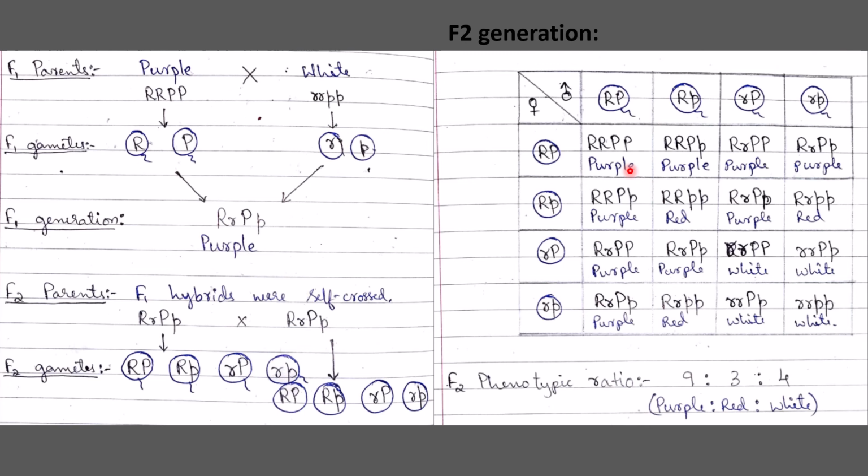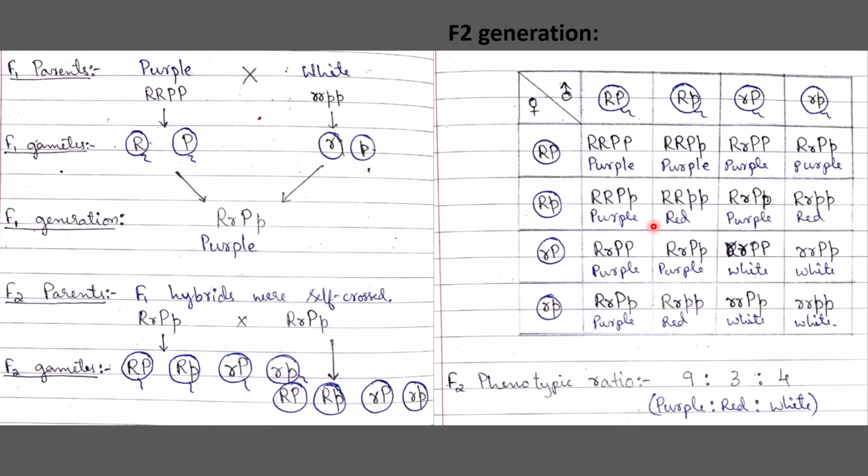What the supplementary interaction says: whenever two independent dominant genes are present together, a new trait is produced. That is what happened in the F1 generation. So whenever at least one copy of each of the two dominant genes is present together, the color will be purple. That is how these 9 genotypes produce a single phenotype, that is purple grain color.